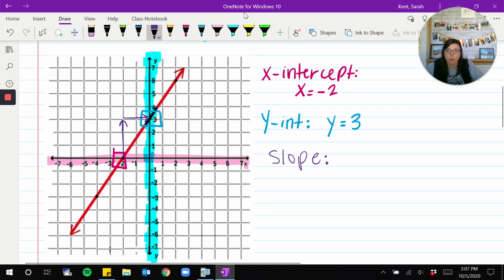So up, I want to count 1, 2, 3. And then over 1, 2. So here I would do up 3, over 2. So then I want that with just numbers, 3 over 2.